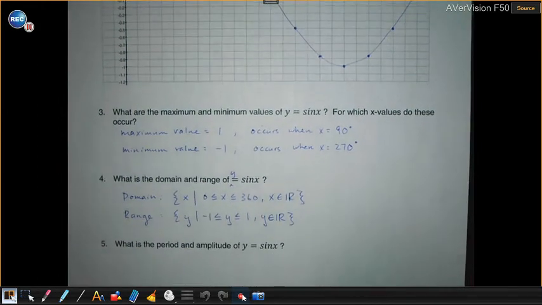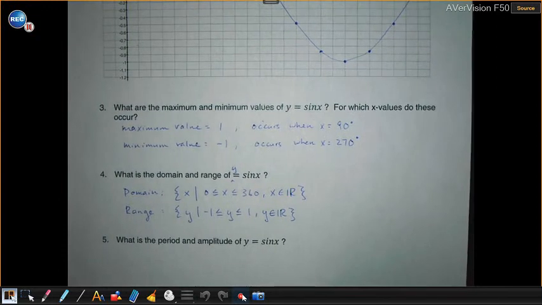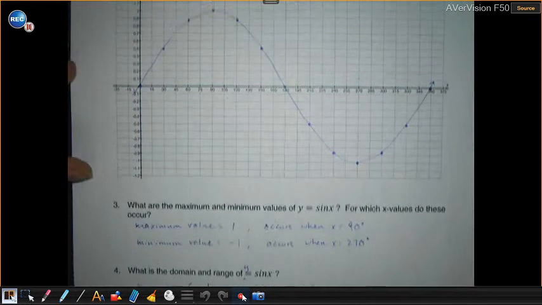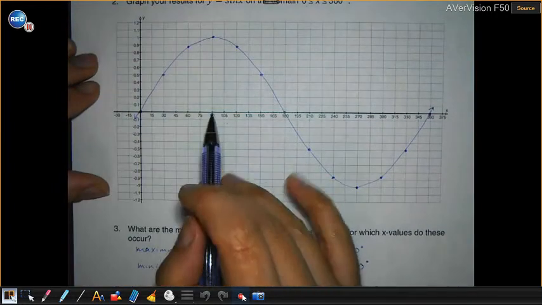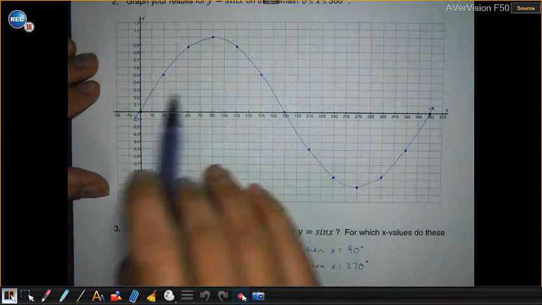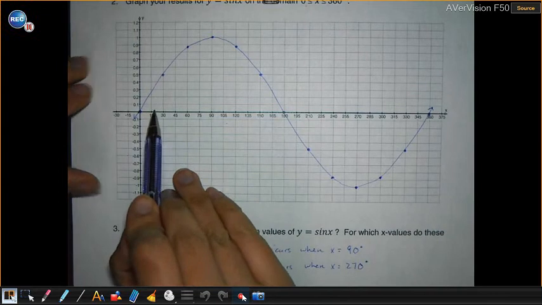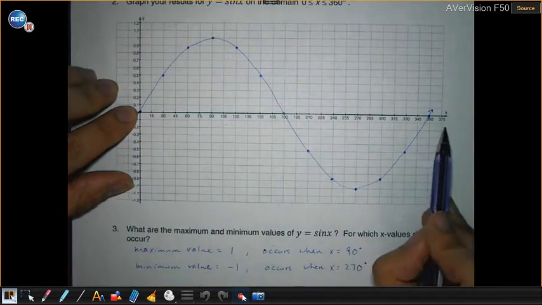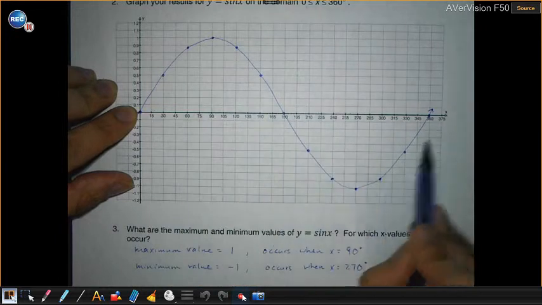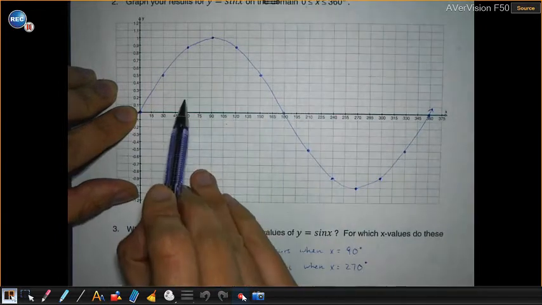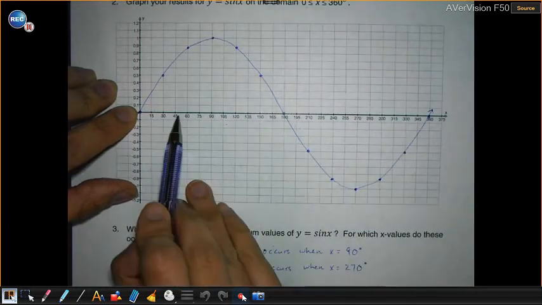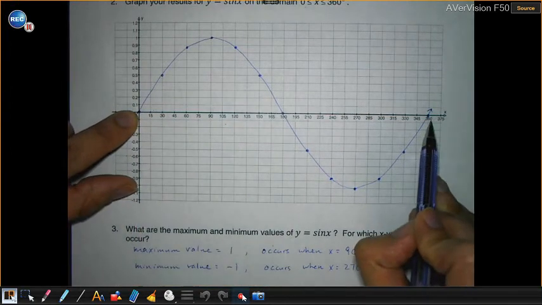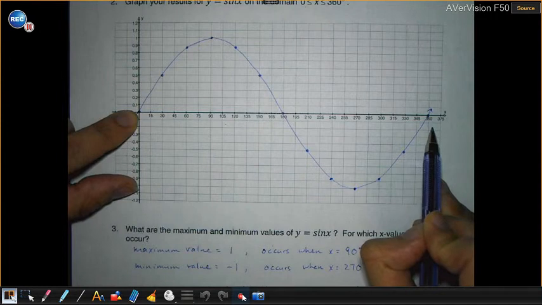Okay, number 5, what's the period and the amplitude of y equals sine x? Again, from the last lesson, we know period is the length of one cycle. We have one complete pattern or cycle shown on the graph. To find the length of the cycle, we look at where it starts. It starts at 0. Where does it end? It ends at 360.